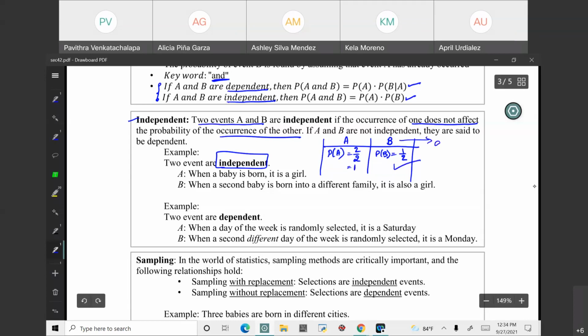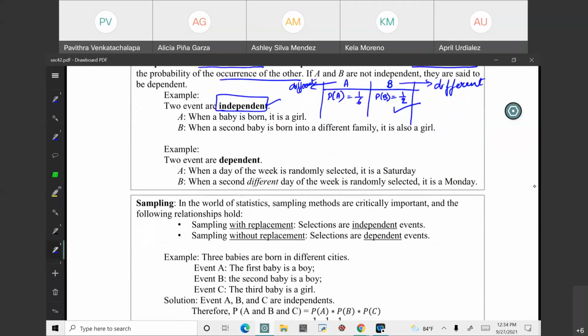Probability B is different. Now, if I say that I am going to throw a dice instead of a coin, that could be 1/6, right? I'm not changing the B event. So if I change the A event, that doesn't mean that I have to change the B event. There is no way the event B can be affected by event A. So such events are called independent.